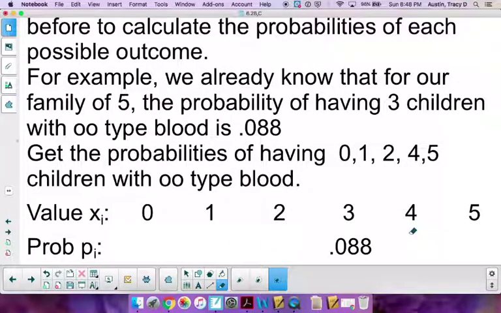And then I want you to find the mean, either by putting this in your calculator and doing one variable stats, with list 1 and list 2 for your probabilities, or by actually multiplying them out. Well, you know what? Put it in the calculator and do list 1, list 2, because I do want you to find the standard deviation as well. So take a couple minutes, fill those in.